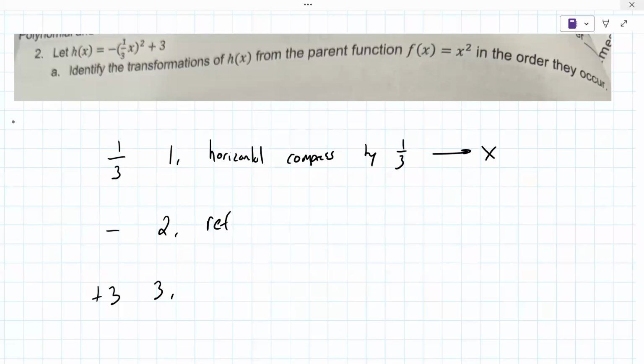The negative is a reflection over the x-axis, which affects the y value.